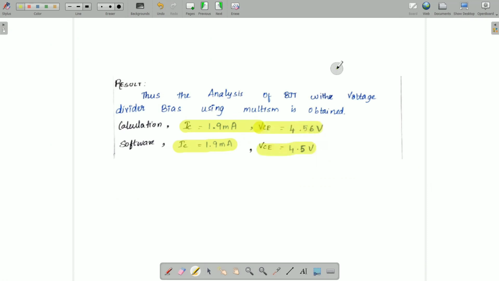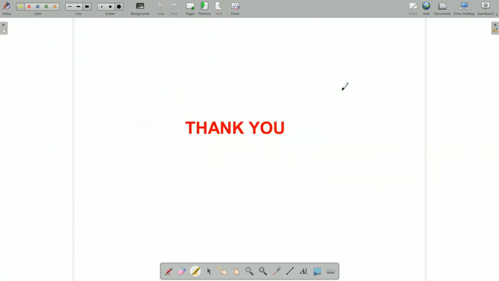This is the experiment of analysis of BJT with fixed bias and voltage divider bias using Multisim. Thank you.